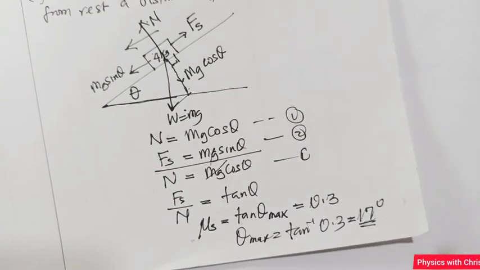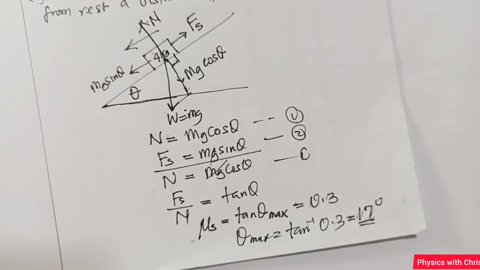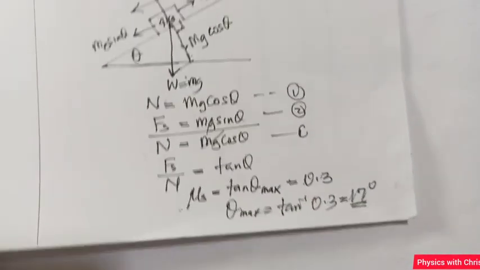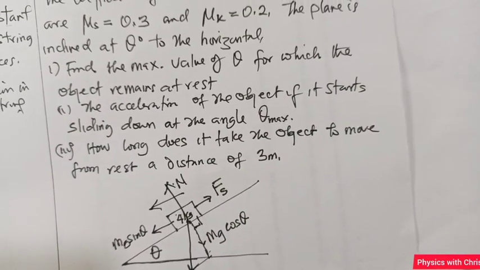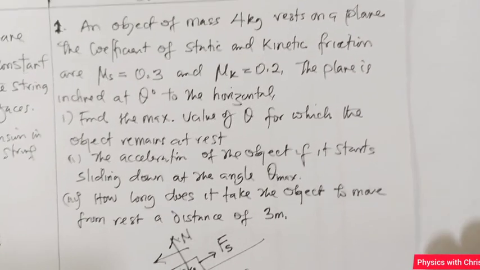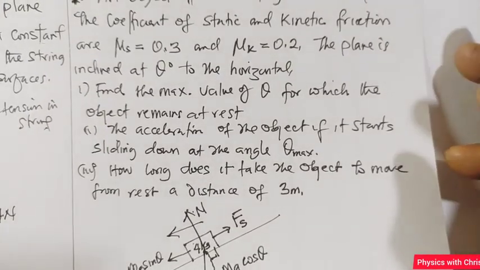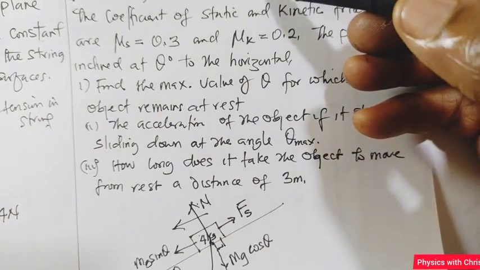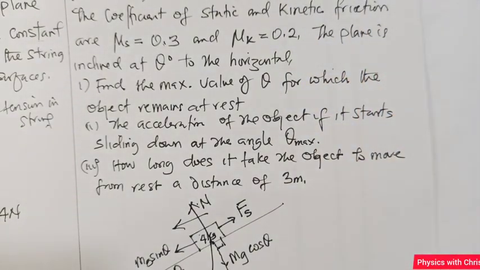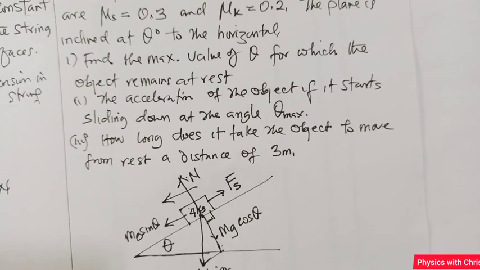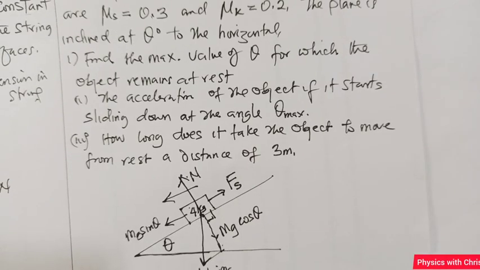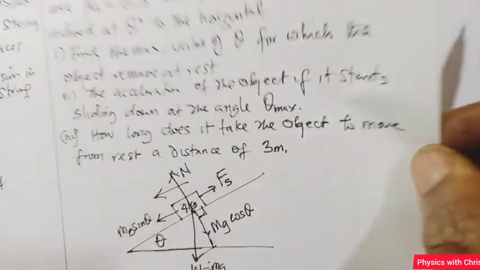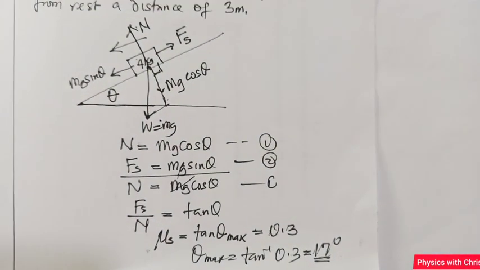So that's the maximum value of angle theta for which the block must remain at rest. You can see that this angle theta does not depend on the value of the mass, whatever mass it is. For that mass to remain at rest on this surface, the angle of inclination must be equal to 17 degrees, as we have shown here.